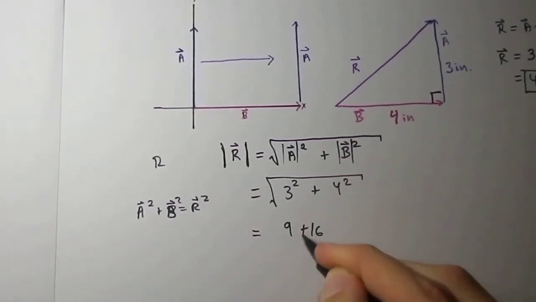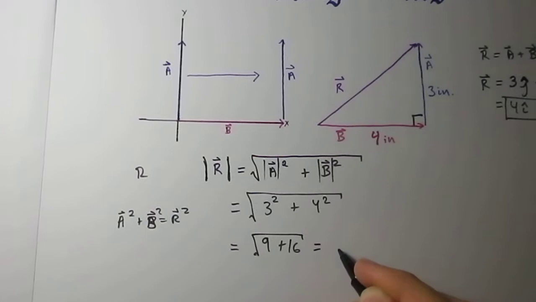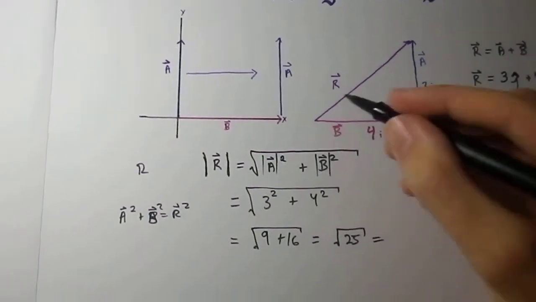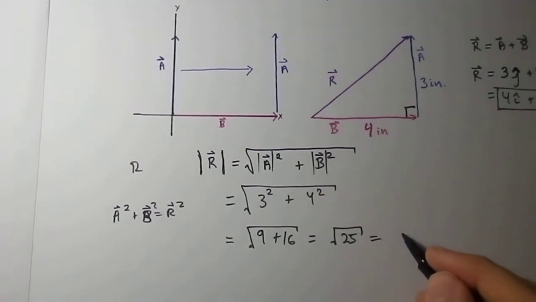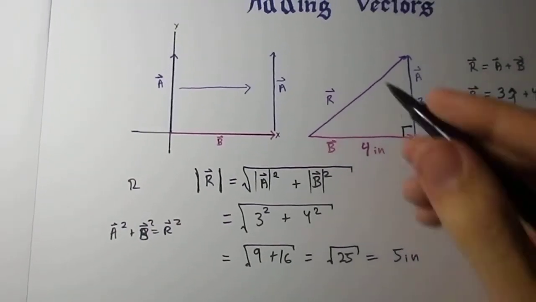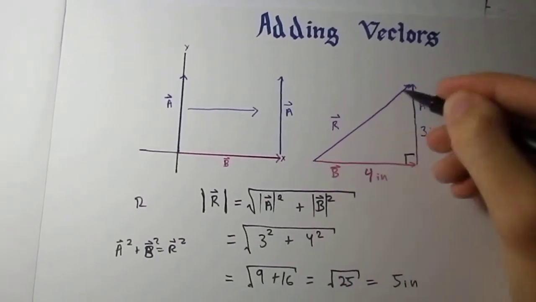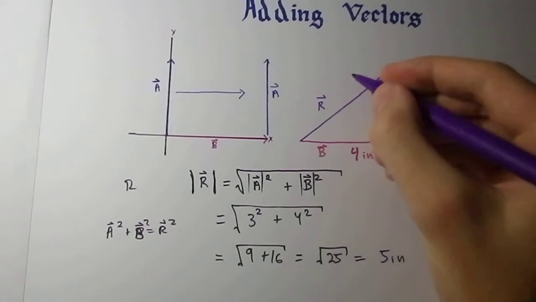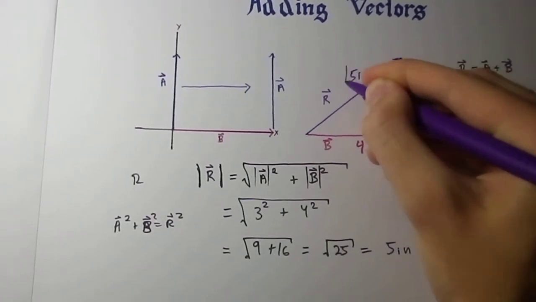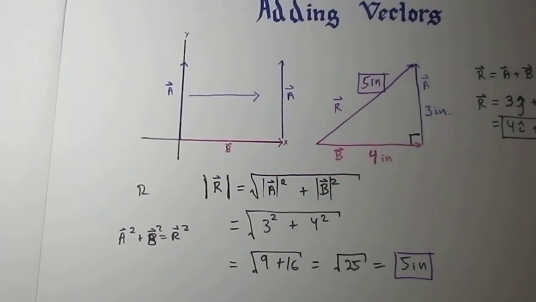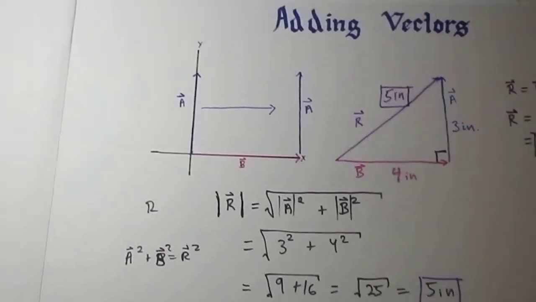That's 9 plus 16, which equals root 25, and since distance is always positive, 5 inches. So our displacement is 5 inches right here. And that is the answer, and that is the basics of how you add vectors.